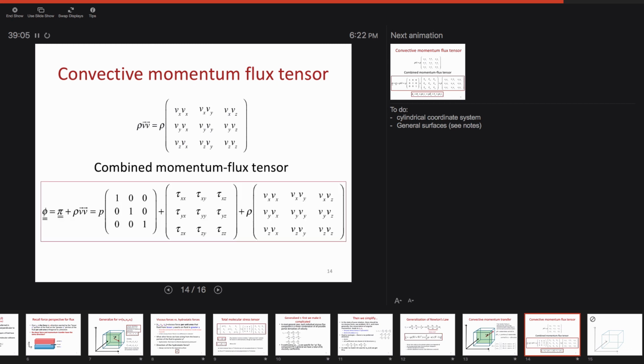And yes, I have to account for that too. And we arrive at our combined momentum flux tensor that has our molecular component broken into thermodynamic pressure and viscous stresses, plus this convective part that simply flows into that stationary point. Because I'm tied to XYZ, this is done in the XYZ coordinate system.